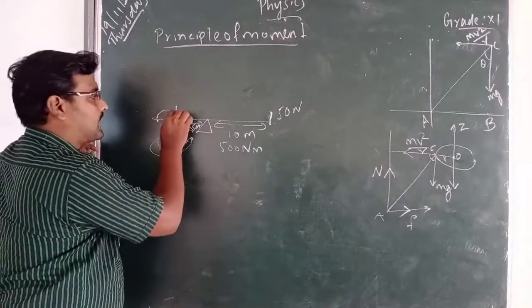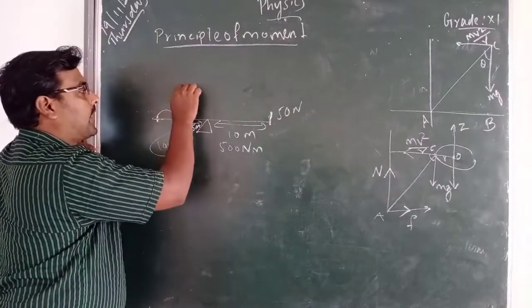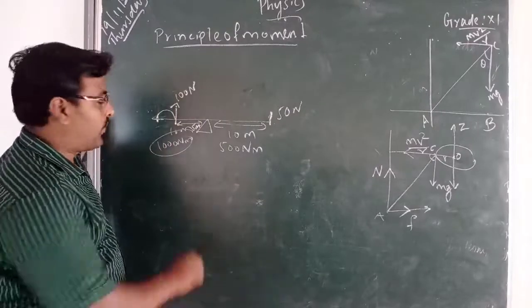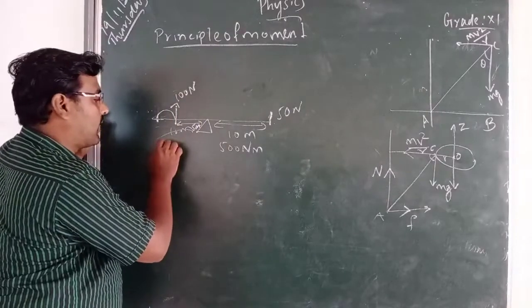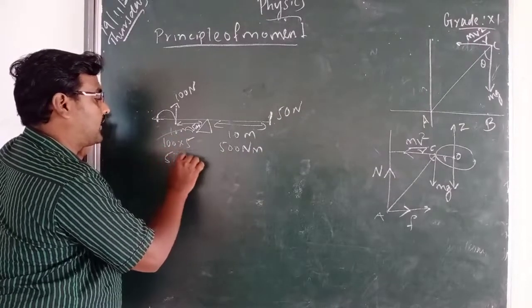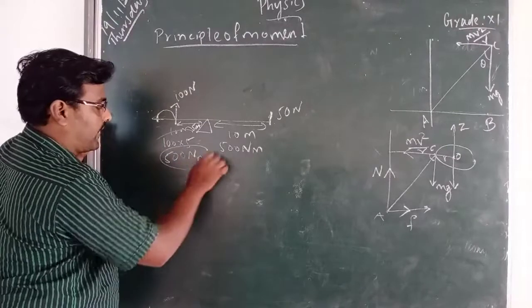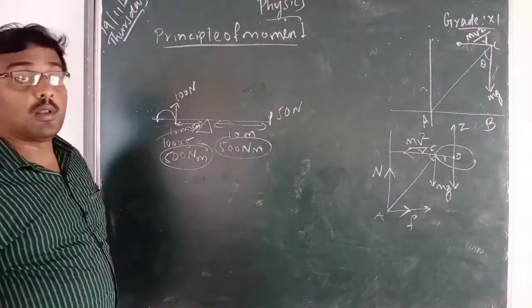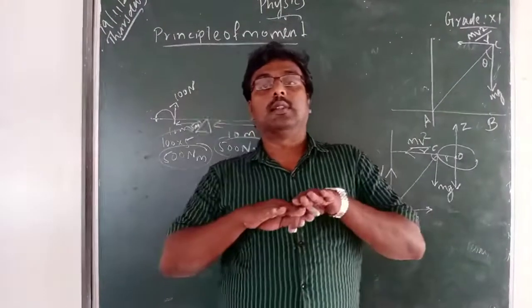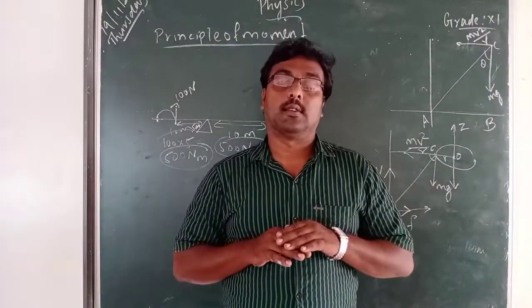At 5 meters distance, your friend is sitting with a force of 100 Newton. Now the torque you will get is 100 into 5, that is equal to 500 Newton meter, the same. Now you can see that the seesaw is balanced.